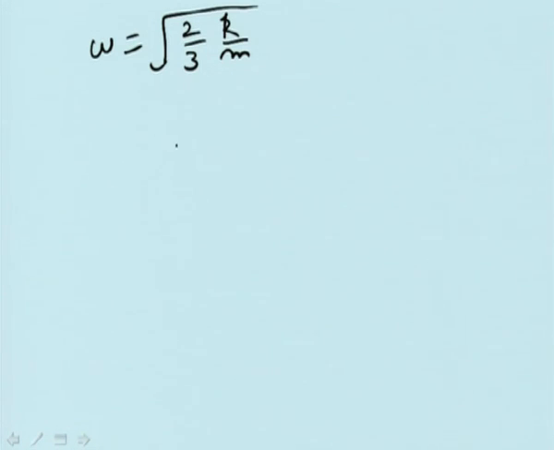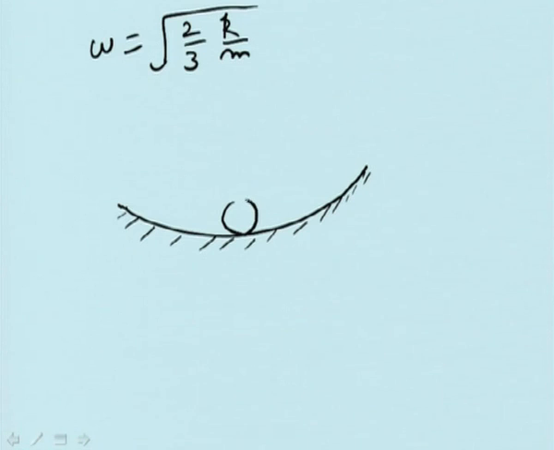Let us take another example on the use of the energy method. Here, if we have got a concave surface like this, you have kept a ball on it. Now displace it slightly to this side, then its potential energy increases.